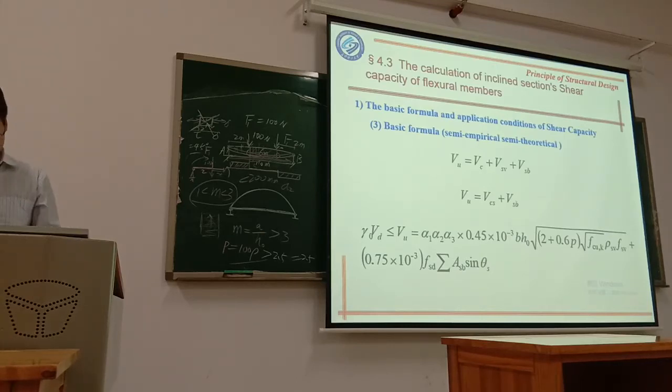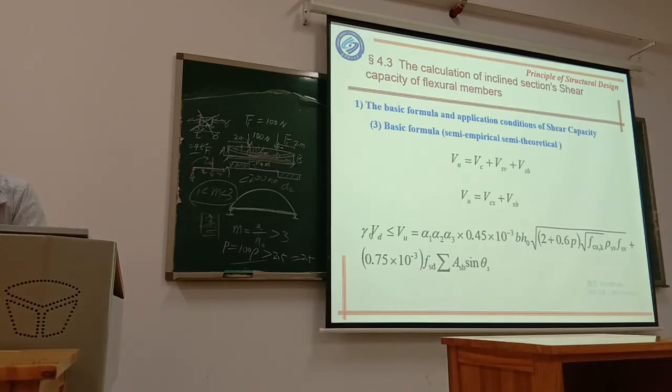You see the difference? In this equation, they have said fcu,k is the standard value of compressive strength of the concrete, and fsv is the design value of the tensile strength of the bend-up bar or the tensile strength of this stirrup.